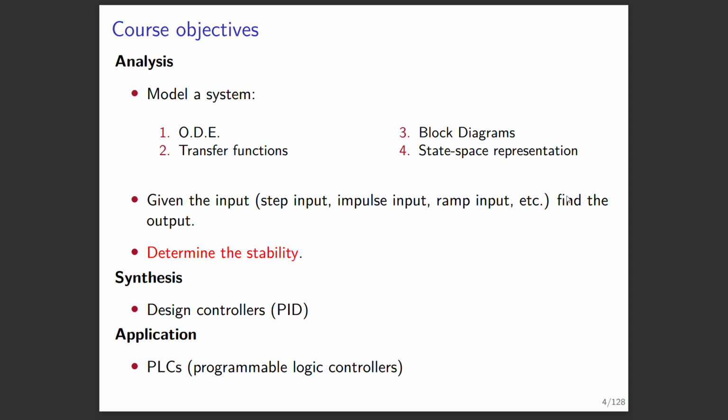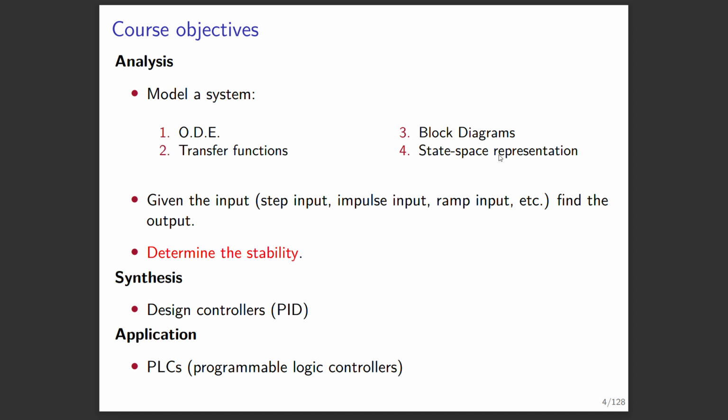So we have learned different ways to model a system. We have previously learned ordinary differential equations and transfer functions and block diagrams and state space representations. Then we have studied the properties of a system. We studied what the final value theorem says. Basically, how can I predict what happens to a system's response if I wait long enough.